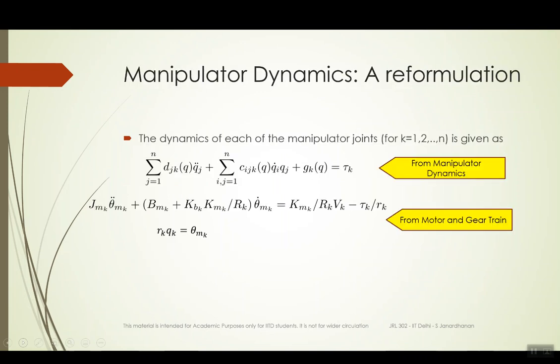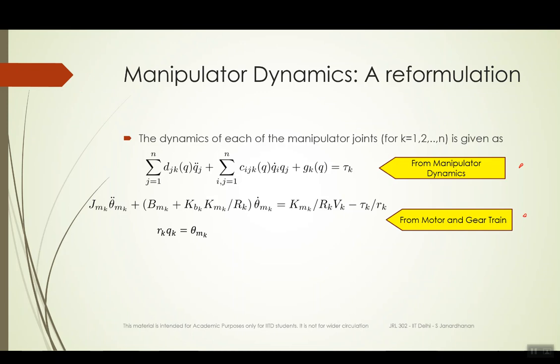Okay, so just to recall, we had considered that at each joint of the robotic manipulator, we have the manipulator dynamics and the dynamics from the motor and gear train. This we had seen earlier too.